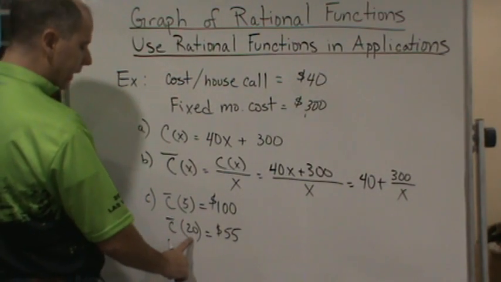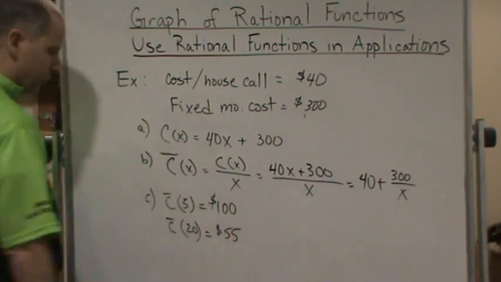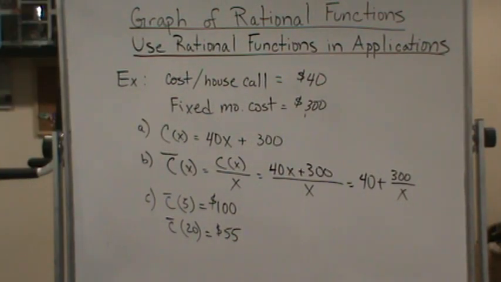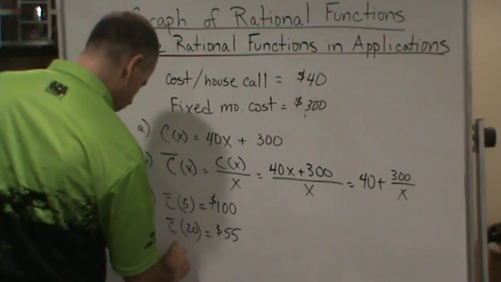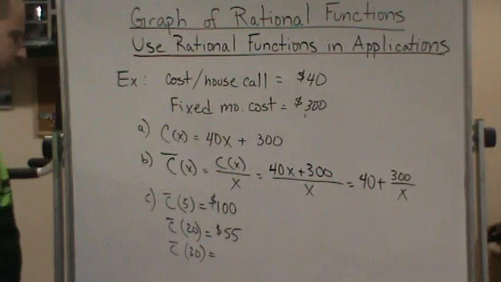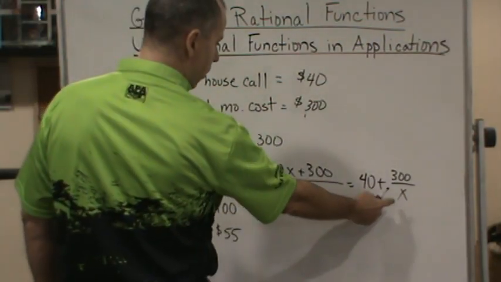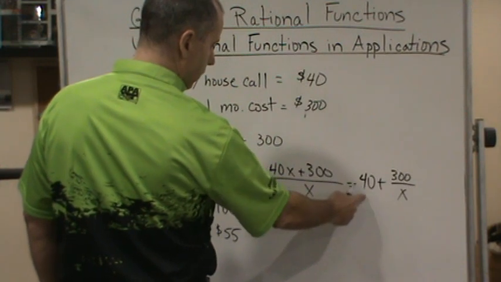So if we did 20 house calls per month, our average cost per household would go down to $55 for each house call. What about C bar of 30? Now what happens to the average cost? Well, the average cost now goes to 50.